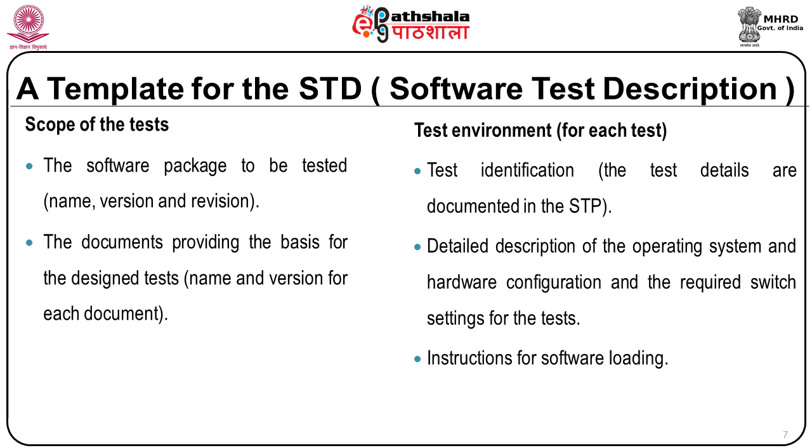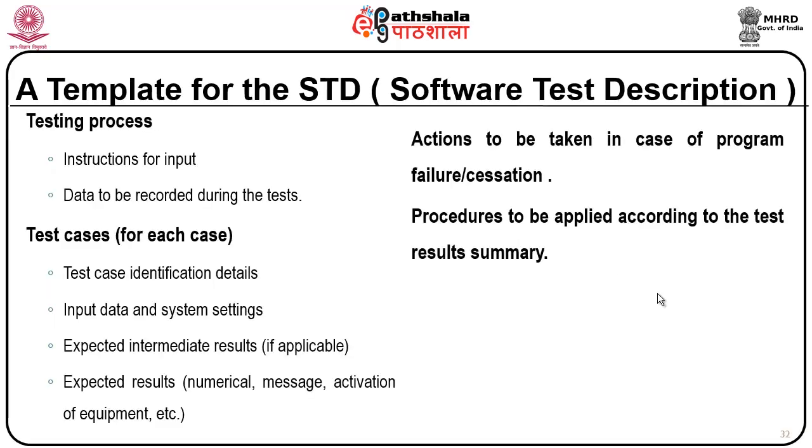The test details are documented in the STP: detailed description of the operating system and hardware configuration and the required switch settings for the test, instruction for software loading, testing process, instructions for input and data to be recorded during the test.